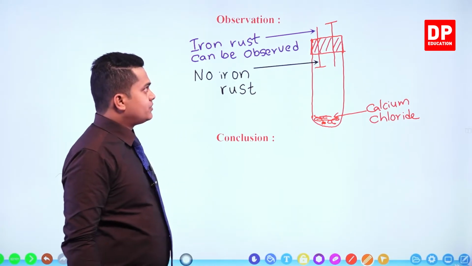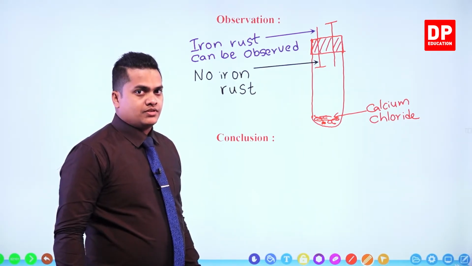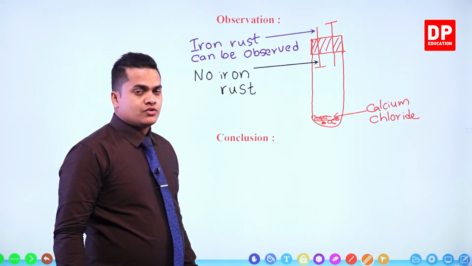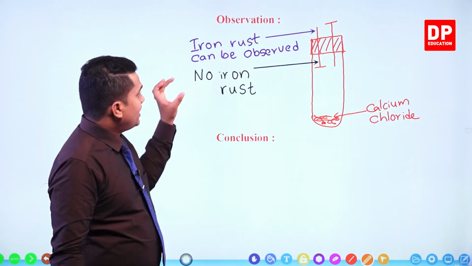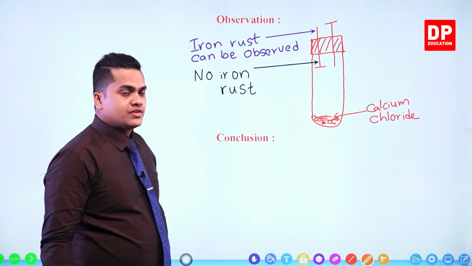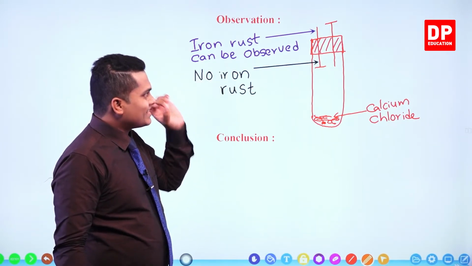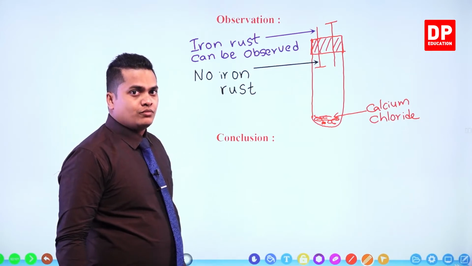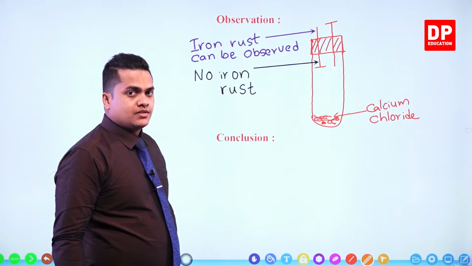So this is the observation that we can take from the experiment. You could also see this: the top part of the iron nail has been coated with rust, and the bottom part, which is located inside the test tube or the boiling tube, doesn't carry rust.